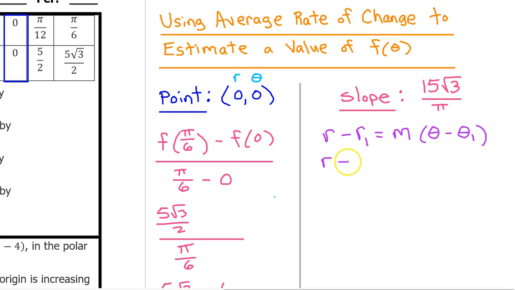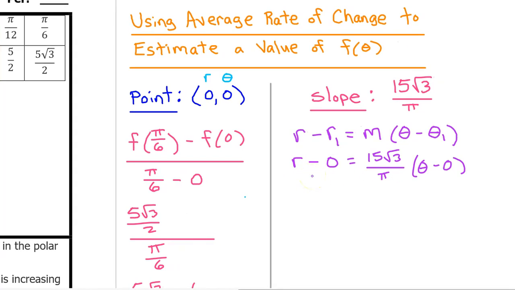It will be r minus r1, so r minus 0, is equal to the slope, which is the average rate of change, 15 radical 3 over pi, times theta minus theta 1, which is 0.